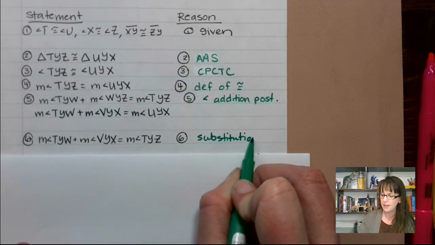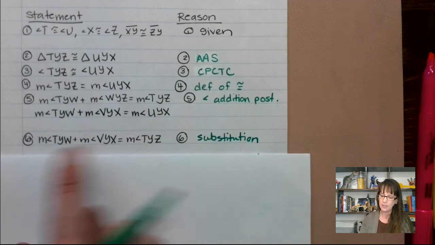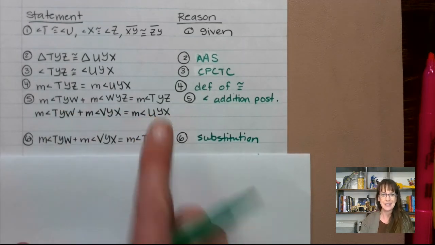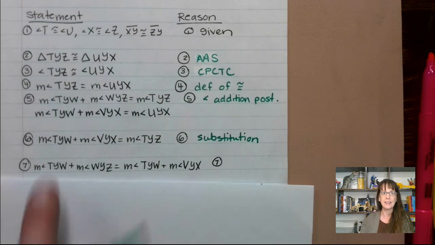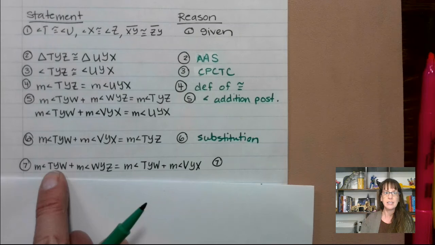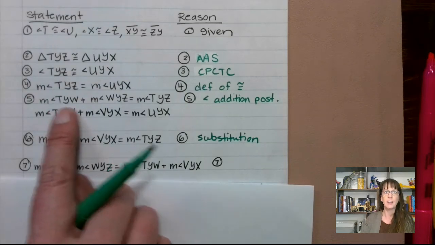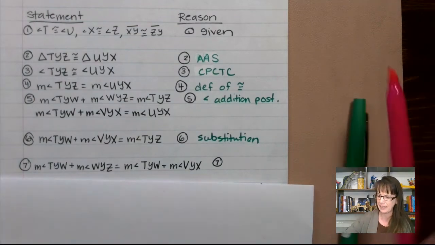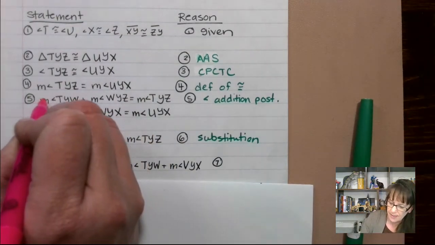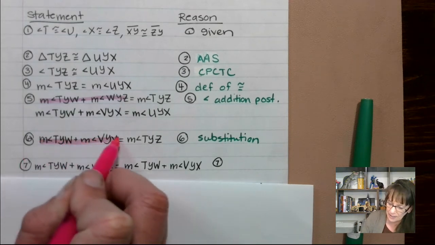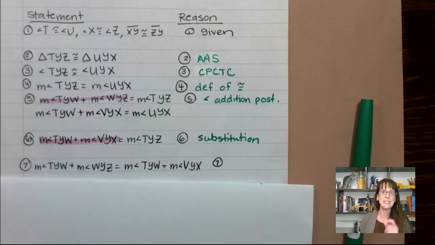Now that we have this equals this and this equals this, we can say those two expressions equal each other. So TYW plus, I pointed to the wrong ones, maybe it'll help if I highlight. This one right here and this one right here, those both equal TYZ.